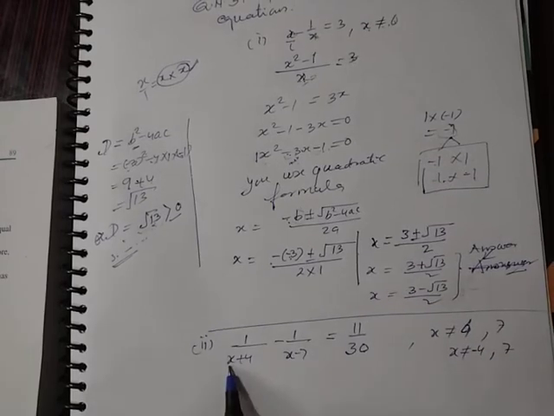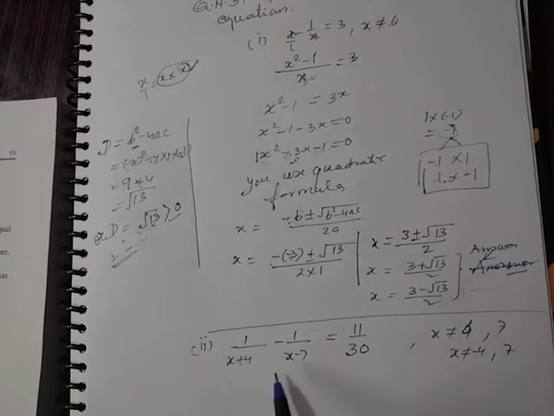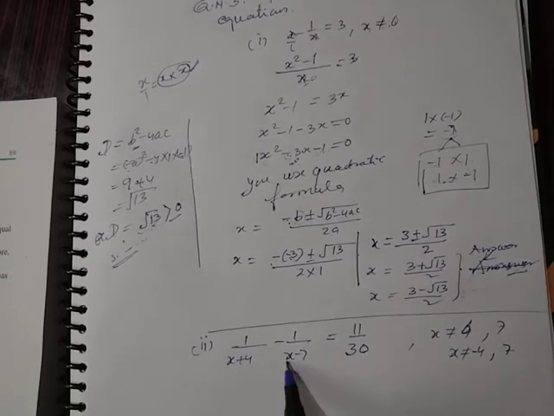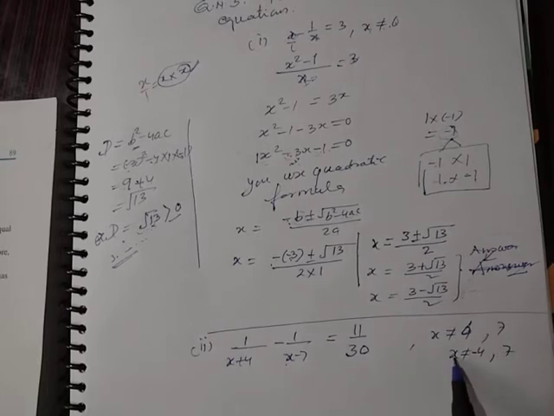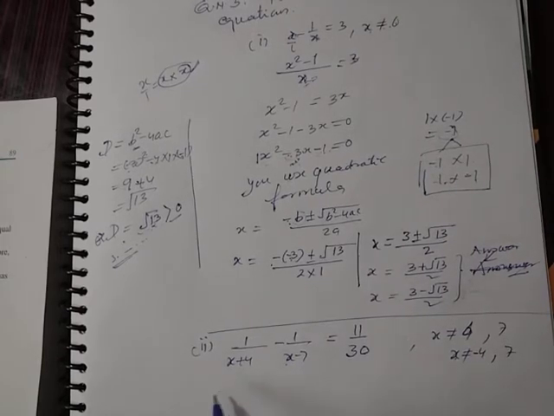If you put minus 4 here, then minus 4 plus 4 will give you 0, and if you put 7 here, 7 minus 7 is 0. So nothing will exist. So at any rate the value of x would not be minus 4 and 7. Keep this in your mind.